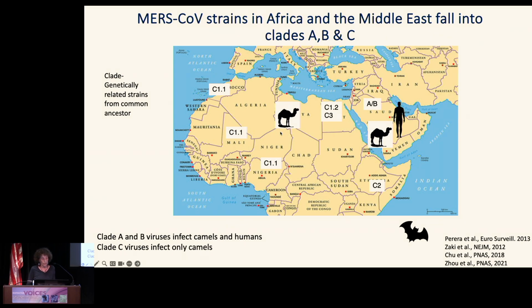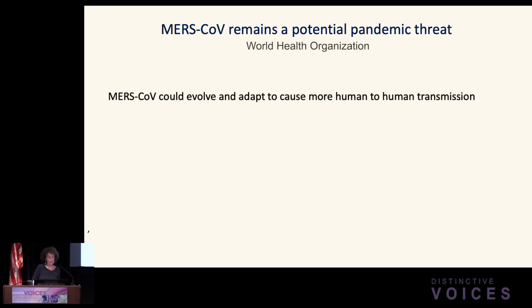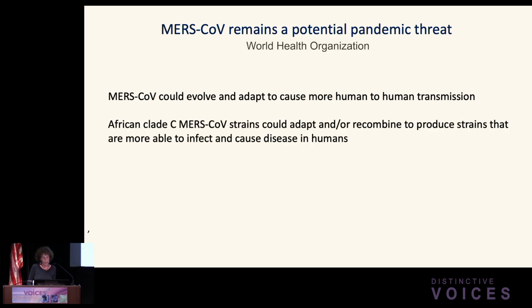But because of this situation, MERS remains a potential pandemic threat. The World Health Organization has said that. And the reasons are that MERS could evolve and adapt to cause more human-to-human transmission. The African clade C MERS could adapt and or recombine with other viruses to produce strains that are able to infect and cause disease in humans.